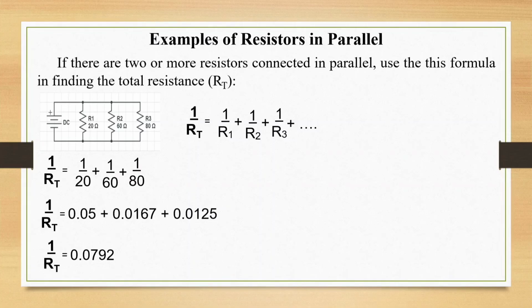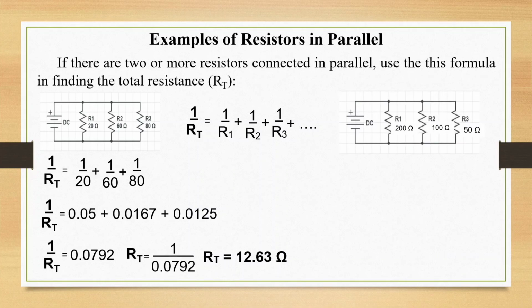Then you're going to move the numerator 1 to the other side, and it will become RT is equal to 1 divided by 0.0792. And 1 divided by 0.0792 is equal to 12.63 ohms. So the total resistance is 12.63 ohms.